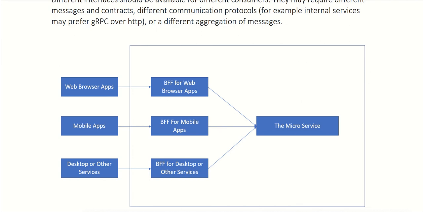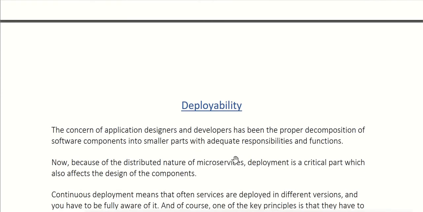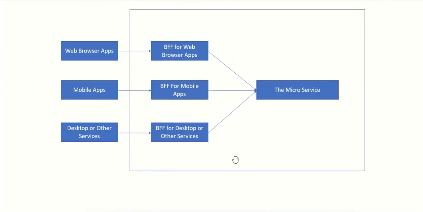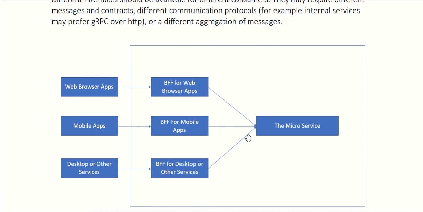It has all the functionalities, but it is our responsibility to segregate all those interfaces or functionalities which are required only for a specific category of devices into their own BFFs. So that is interface segregation. I hope you understood how it works here.